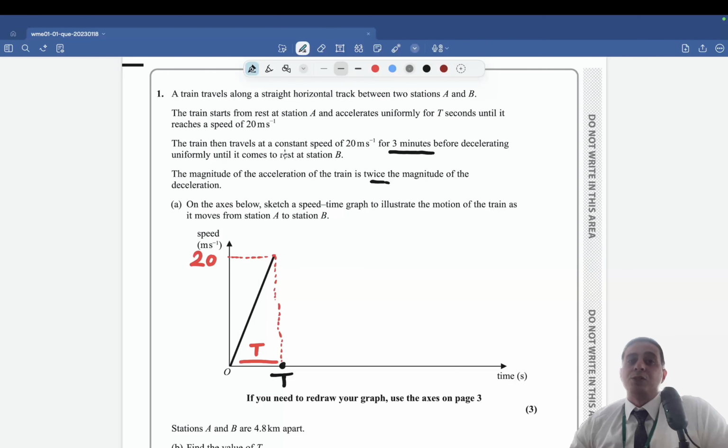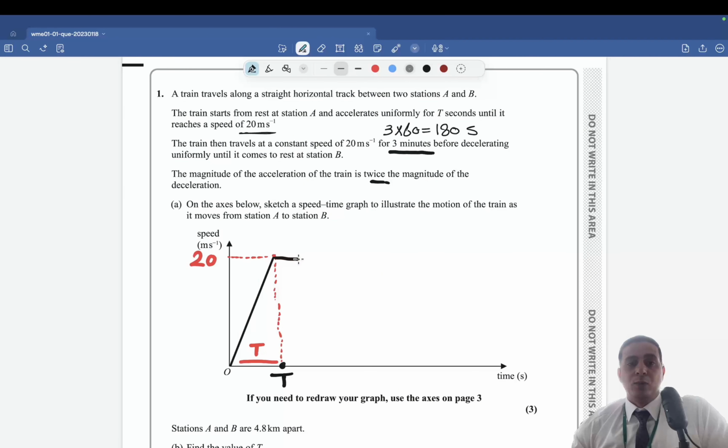After that, the train moves with a constant speed, 0 acceleration, for 3 minutes. Since our speed is in meters per second, the time should be in seconds. I have 3 minutes here, so I multiply 3 by 60 to change it into seconds. So it will be 180 seconds.